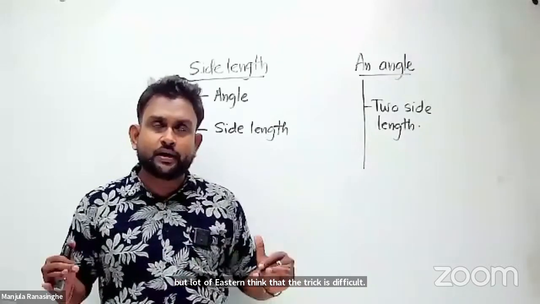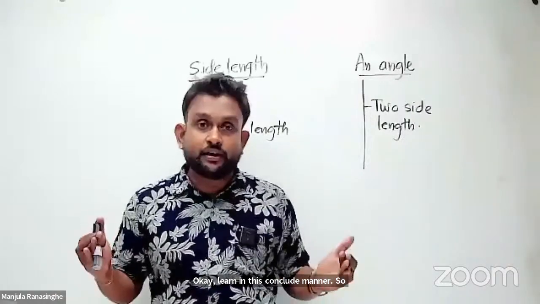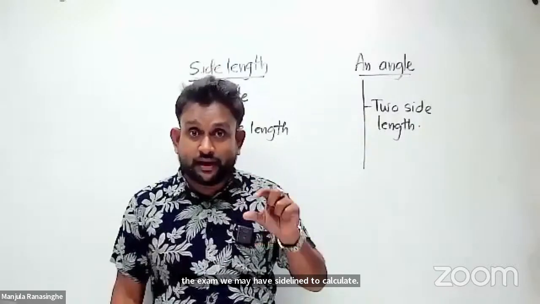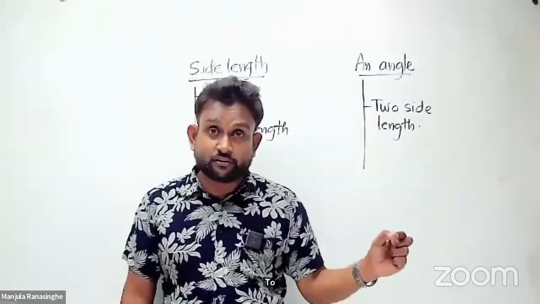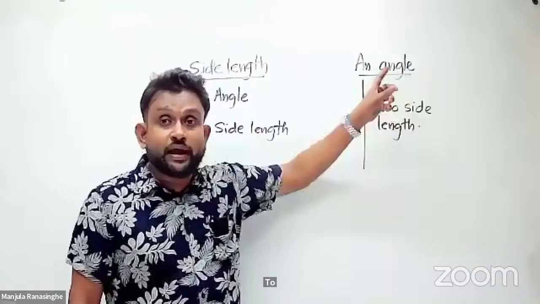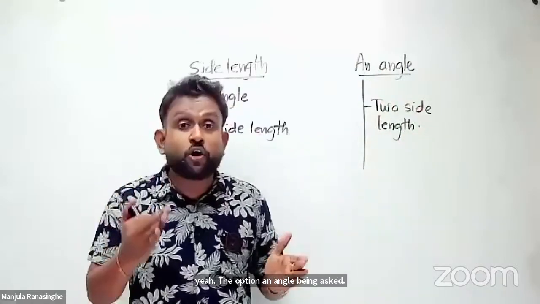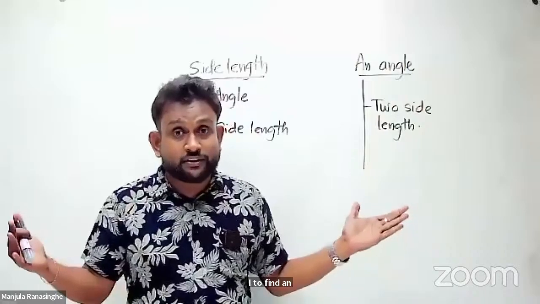In the exam we may have a side length to calculate. To calculate a side length, I require an angle and a known side length. The other option is that an angle is being asked. To find an angle, I require two known side lengths. That's the conclusion of this lesson.